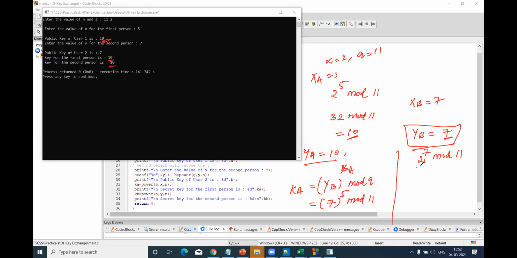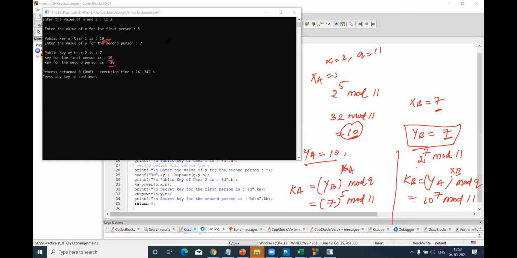So this is one end. At the other end, KB will be YA power XB mod Q. The YA value calculated is 10, power XB, which is 7, mod 11. Can you do the calculation and tell me the answer for this?